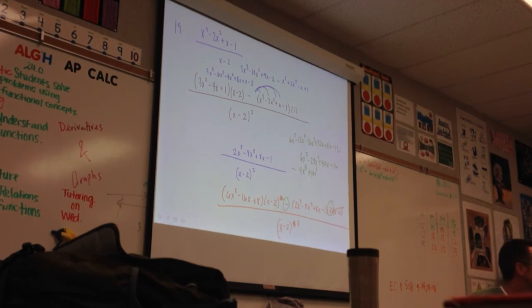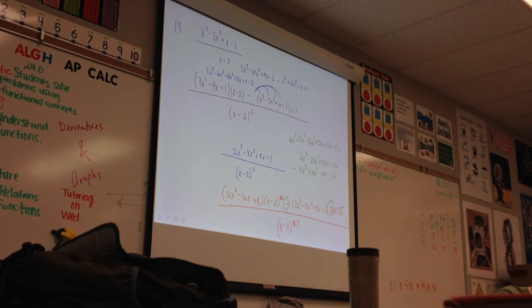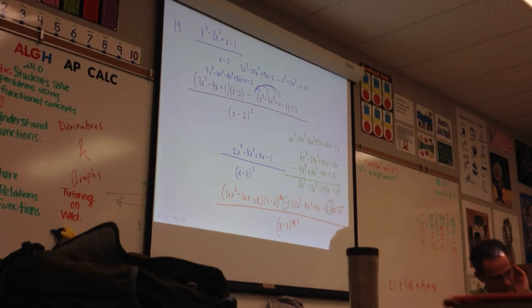Just follow along, but make sure I'm not making any dumb mistakes. Negative 16x, does that sound right? Yeah. And minus 2? No, plus 2. Plus 2. Good, thank you. So this is 2x cubed minus 12x squared plus 24x minus 14.